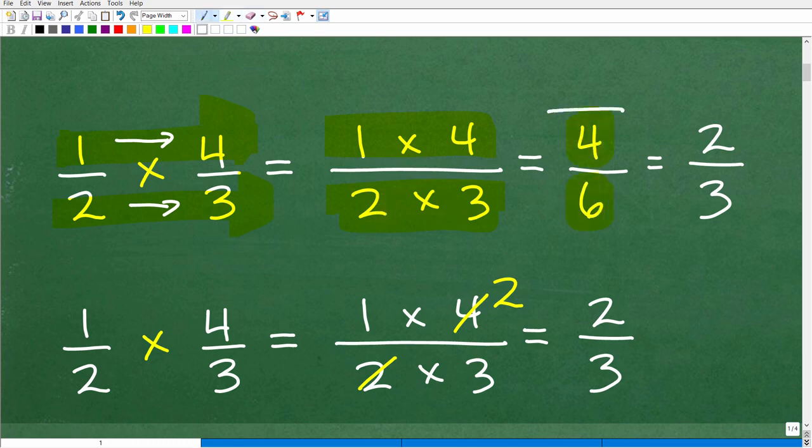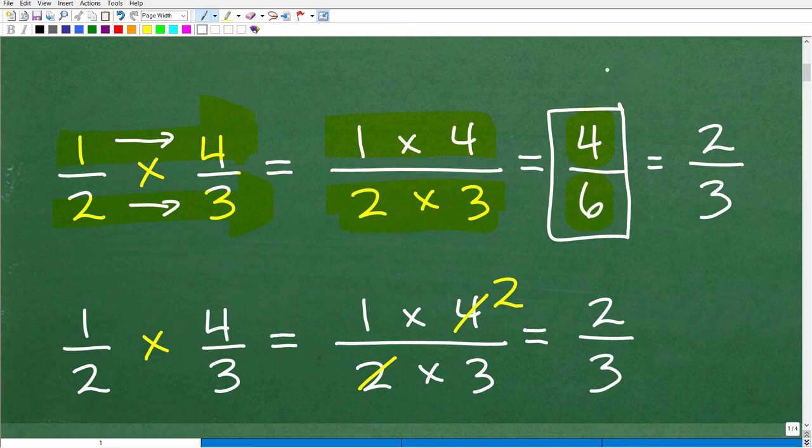But here is the deal, okay? You never just multiply fractions together and just stop. You always need to ask yourself, is your fraction fully simplified? Is it reduced 100%? If you left your answer just like this, a lot of math teachers will take points off, as they should, because you need to know how to simplify and reduce.